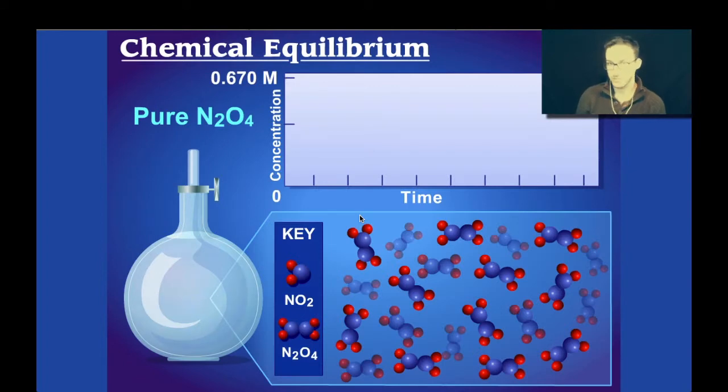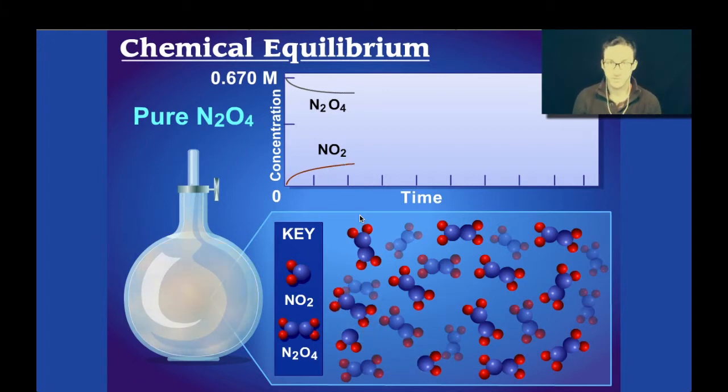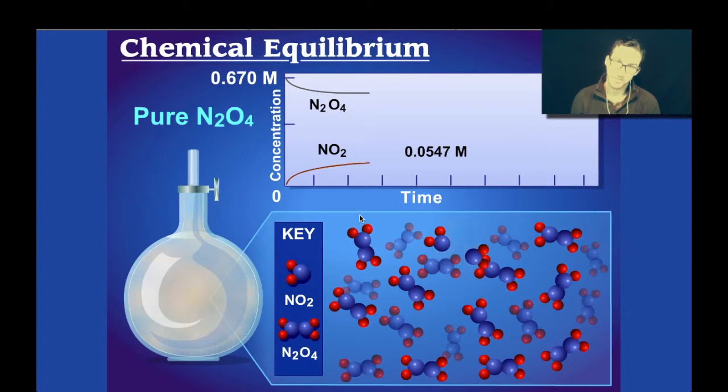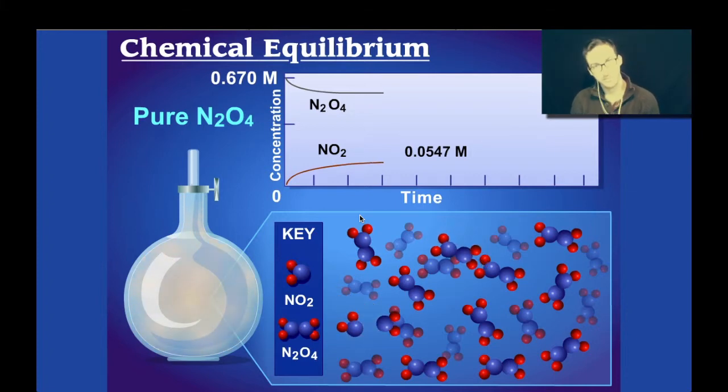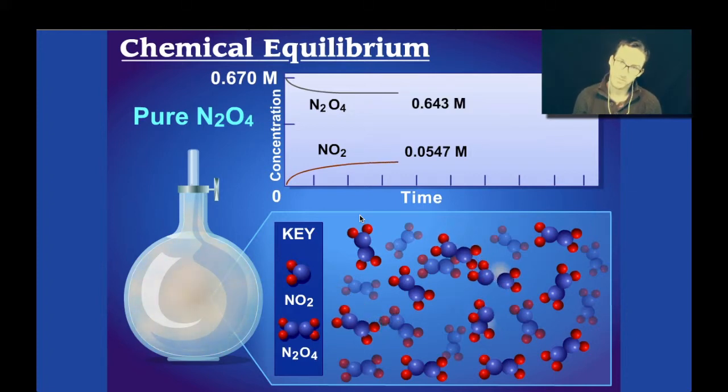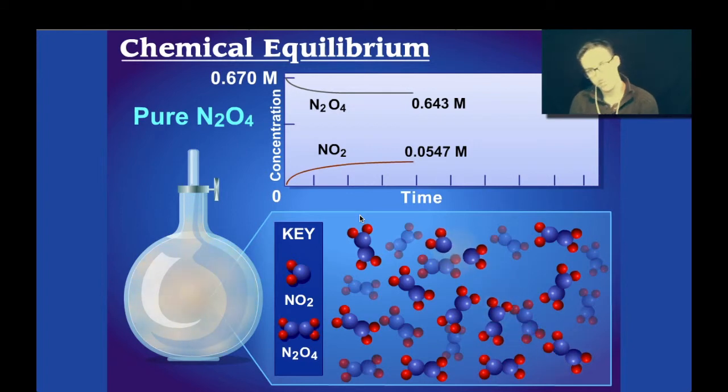Starting with 0.670 molar N2O4, all colorless, the reaction proceeds toward equilibrium with some N2O4 molecules breaking apart to form NO2 molecules, slightly brownish. At equilibrium, the concentration of NO2 is 0.0547 molar, and the concentration of N2O4 is 0.643 molar.